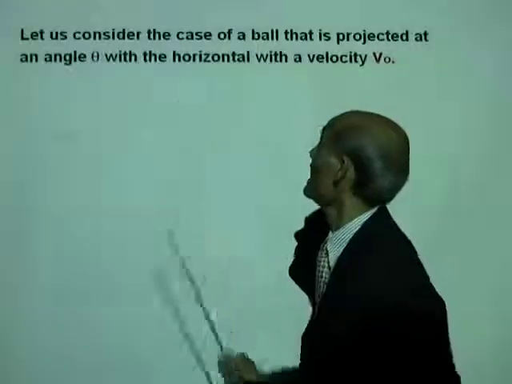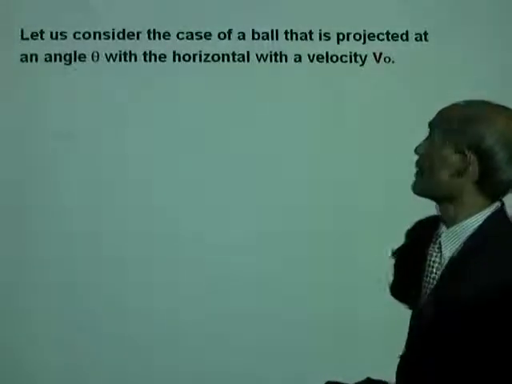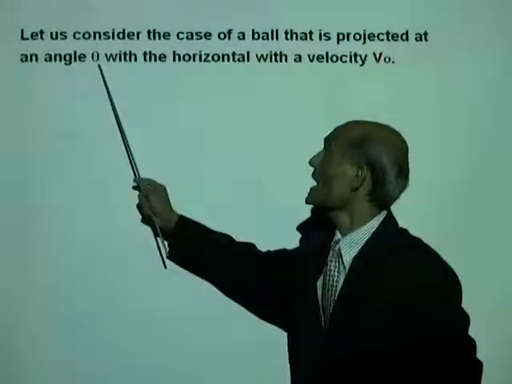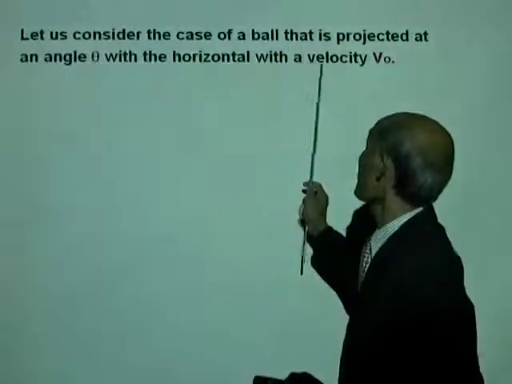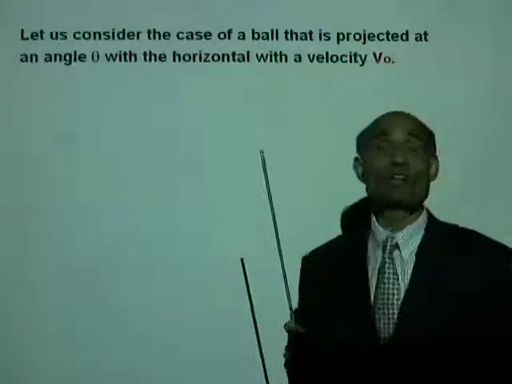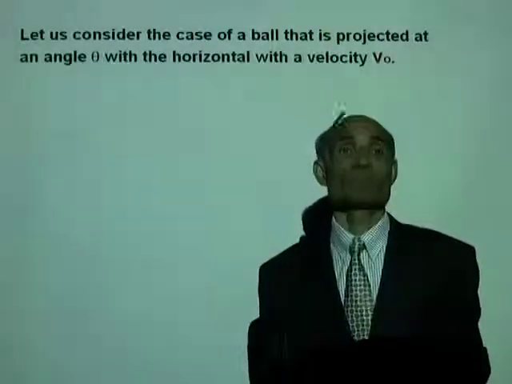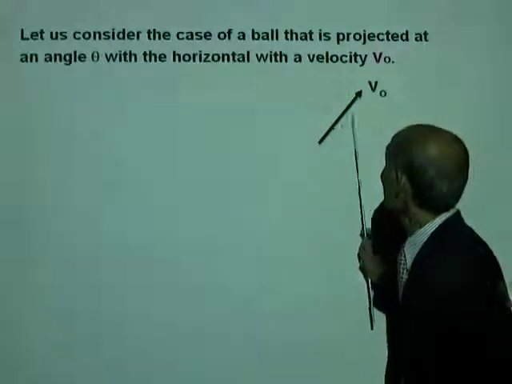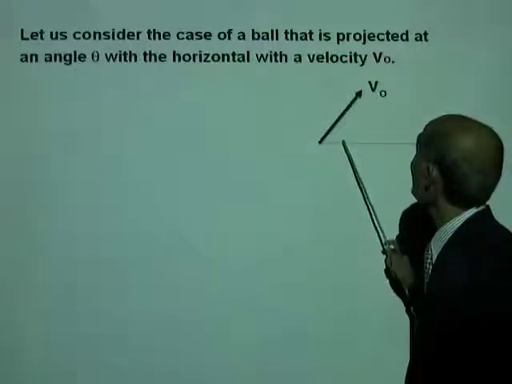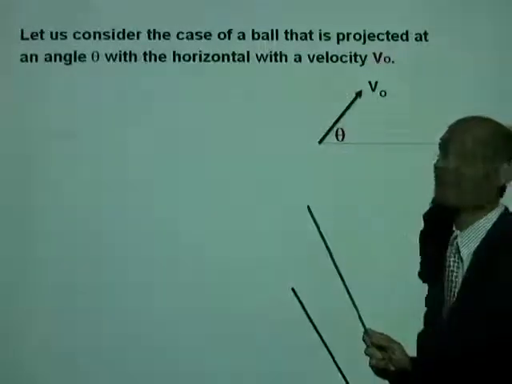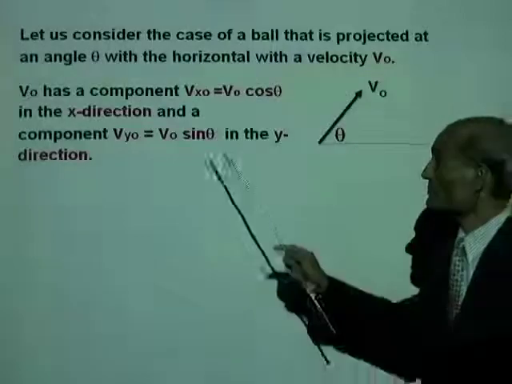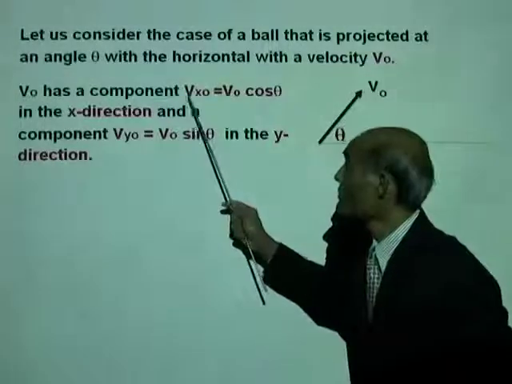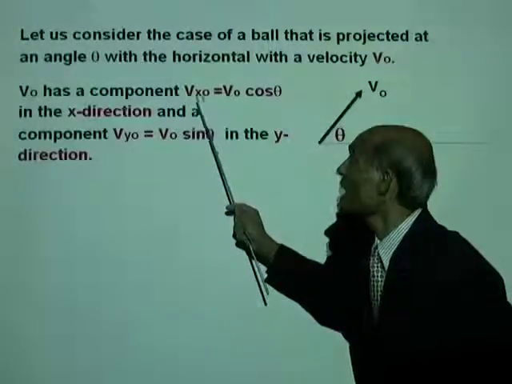Now, let us consider the case of a ball that is projected at an angle theta with the horizontal with a velocity v0. There is the velocity v0 at an angle theta. Now, v0 has a component vx0.